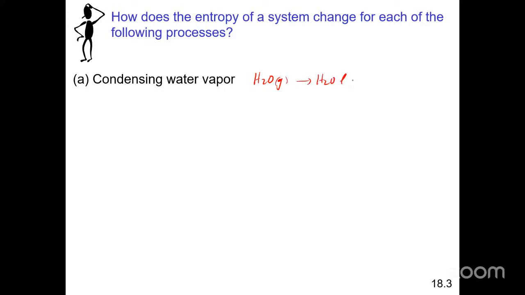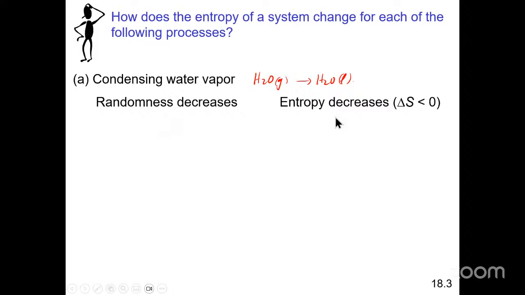That's condensation. So my question to you is, would that correspond to an increase or decrease in entropy? Decrease in entropy is indeed the correct answer. So therefore, delta S would be negative.